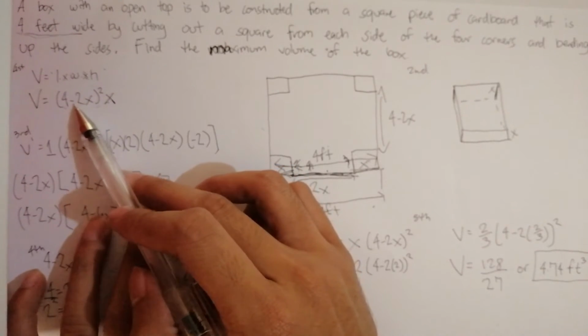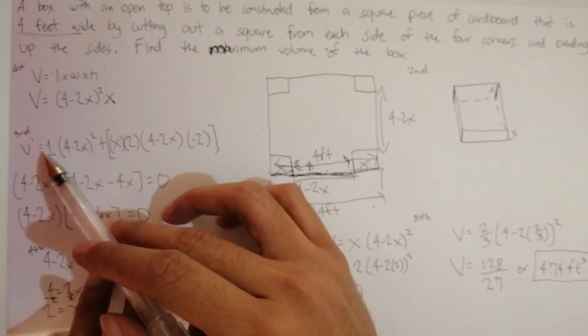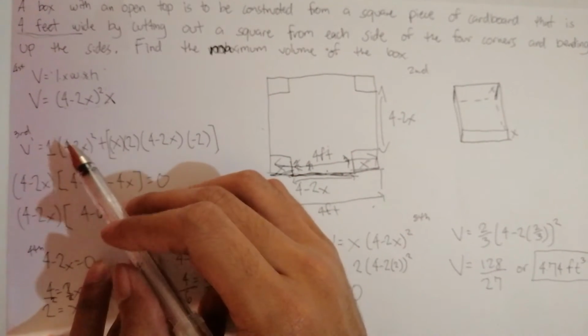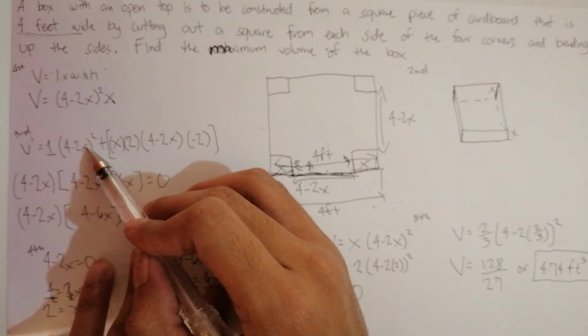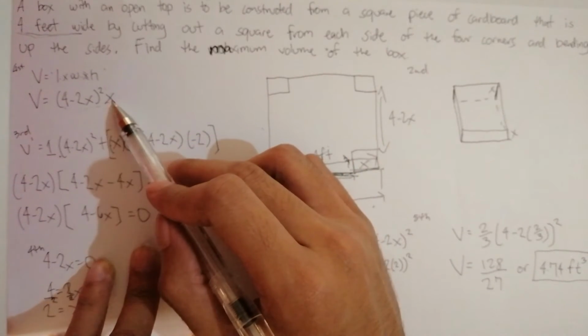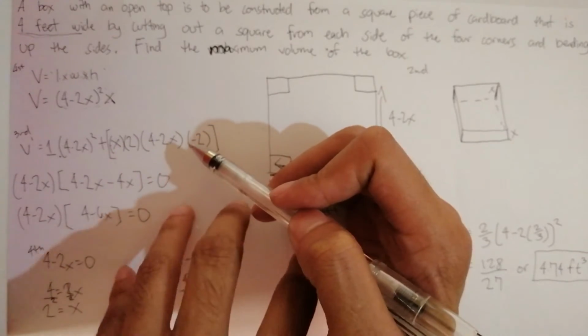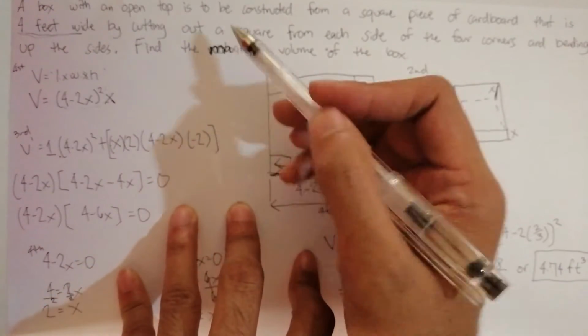In deriving this, we use the product rule. The product rule is the first times the derivative of the second plus the second times the derivative of the first, and we will also be using the chain rule.